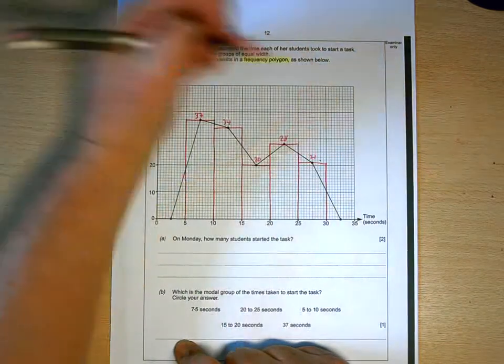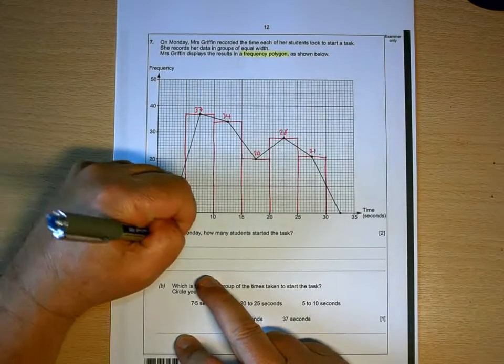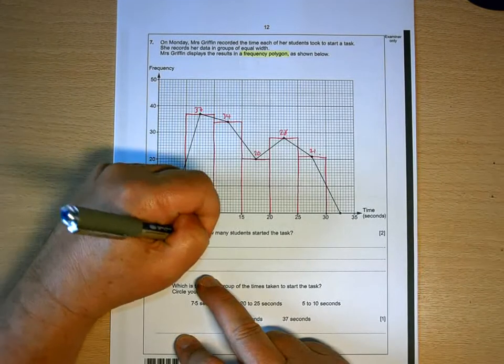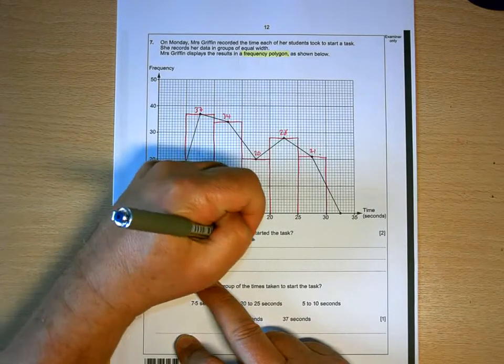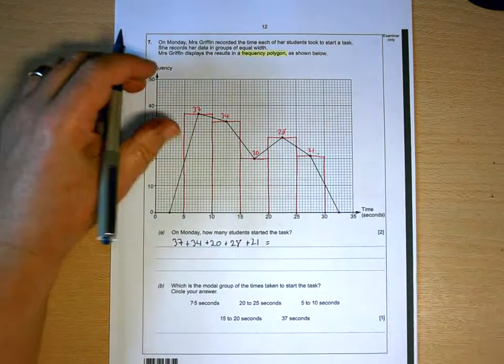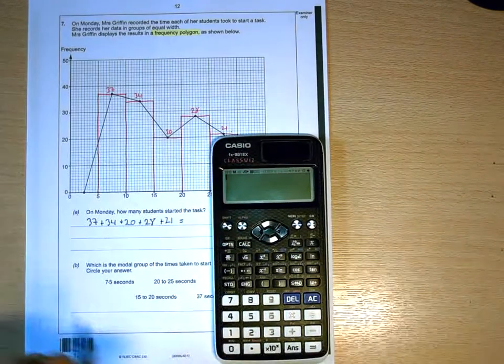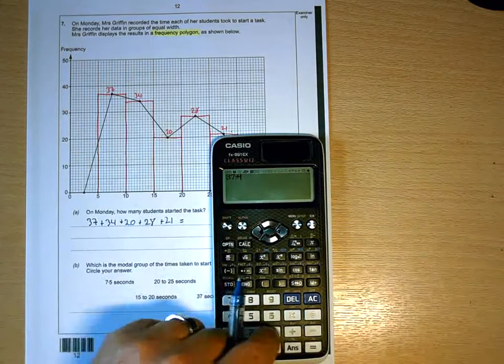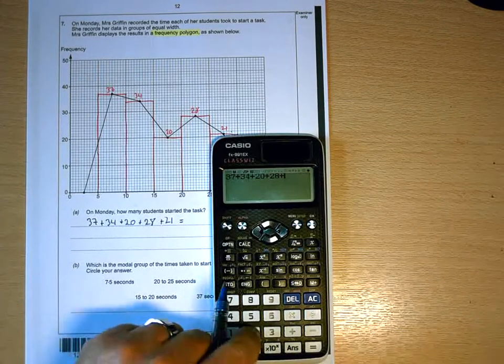To work out the total number of students, I've got to add 37, 34, 20, 28, and 21. That's 140 students.